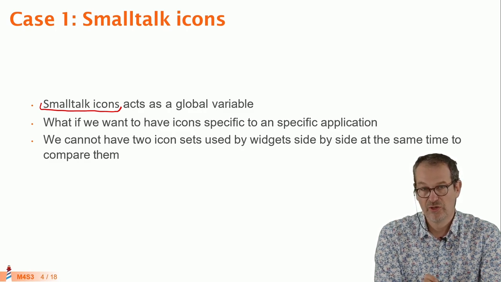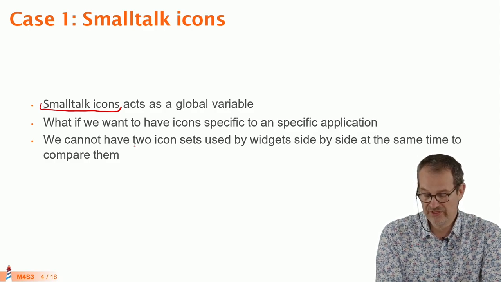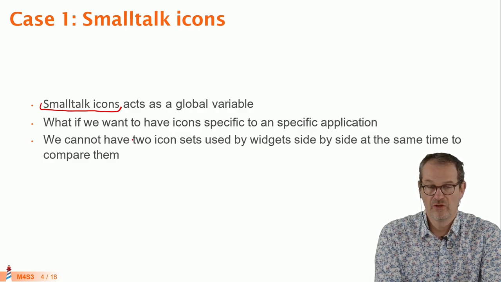I will have to go and patch this global icon provider, and then any user of the icon that I change will be impacted. So basically, I cannot compare, for example, if I am doing a design, often you want to have a black theme or a white theme with different icon sets. You cannot, because there is only one.